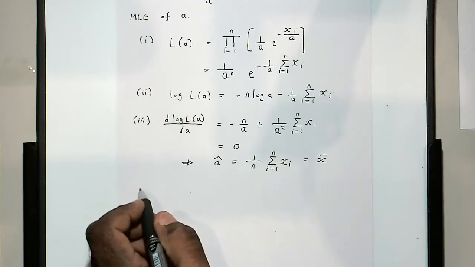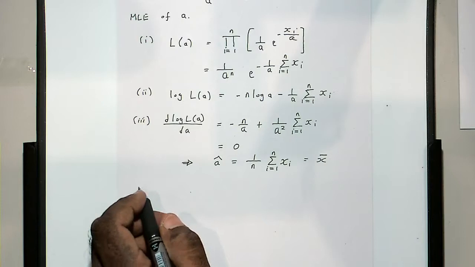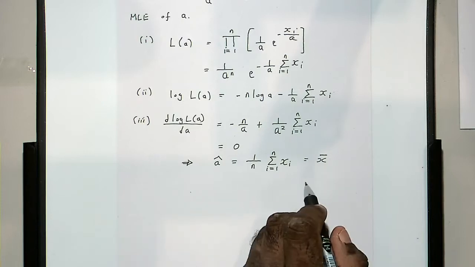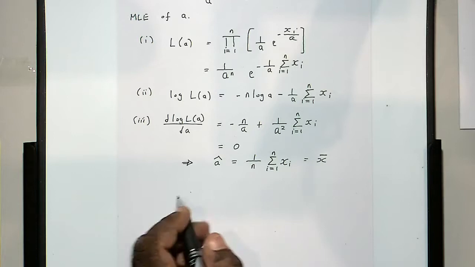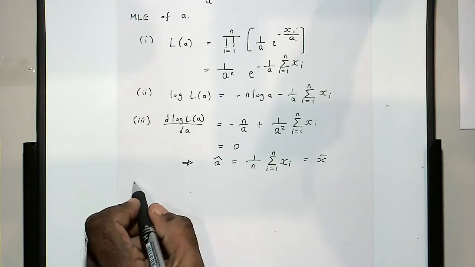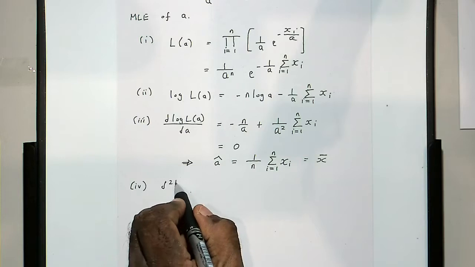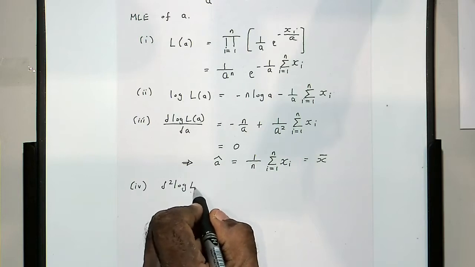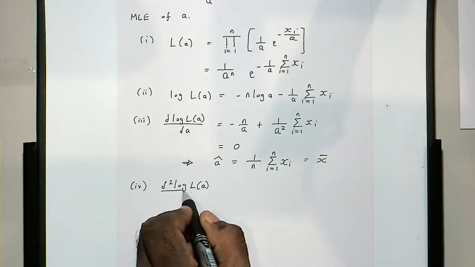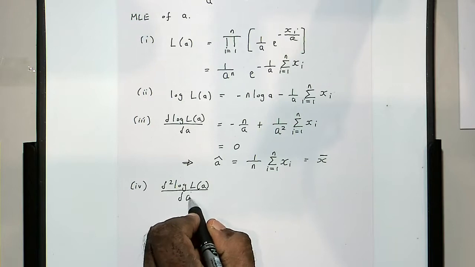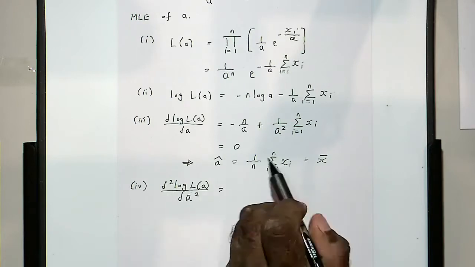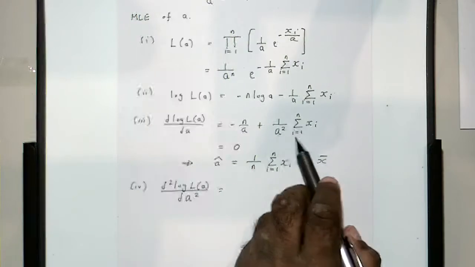Now, the last step, step number 4, is to make sure that this solution corresponds to a maximum of the likelihood. To do that, you need to take the second order derivative, which is the first order derivative of this one.